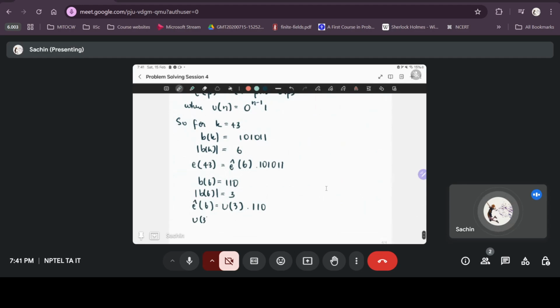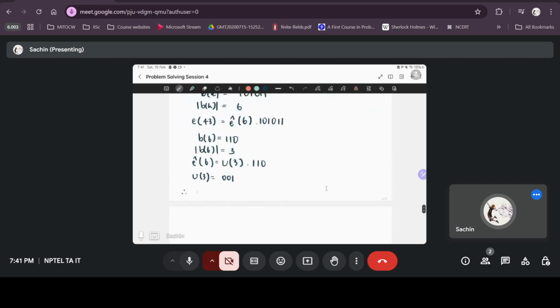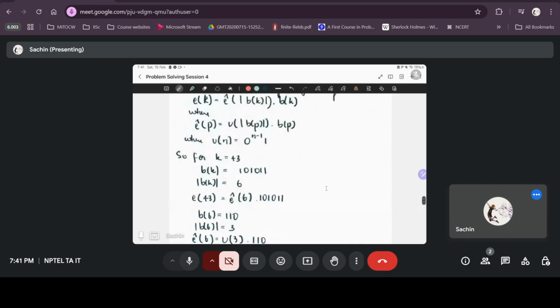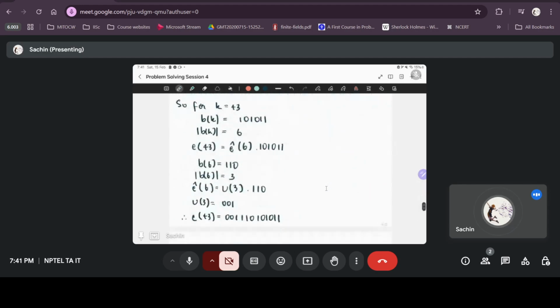U of 3 is 001. Therefore, E of 43 is 001 110 101011, which is option A.